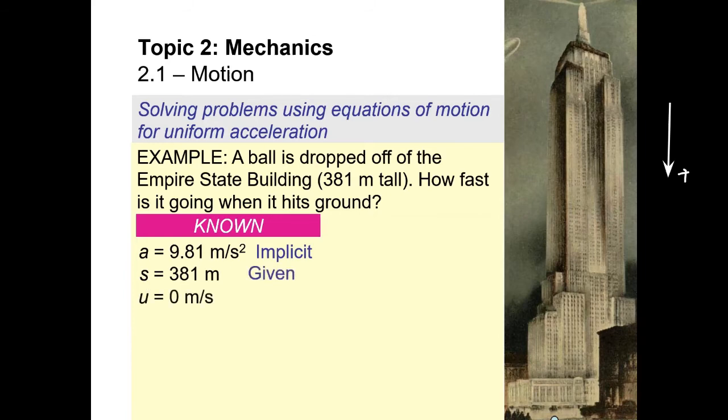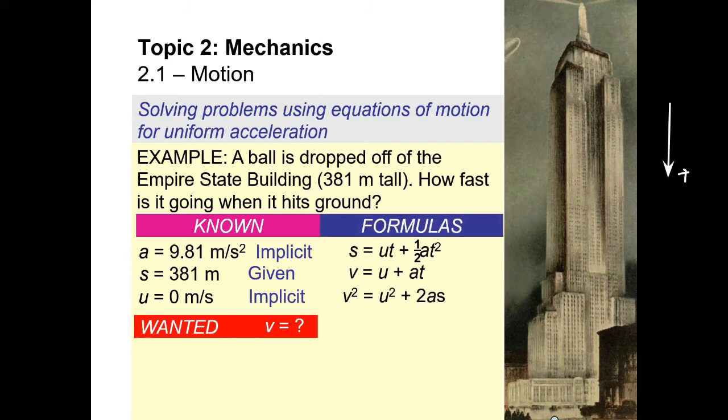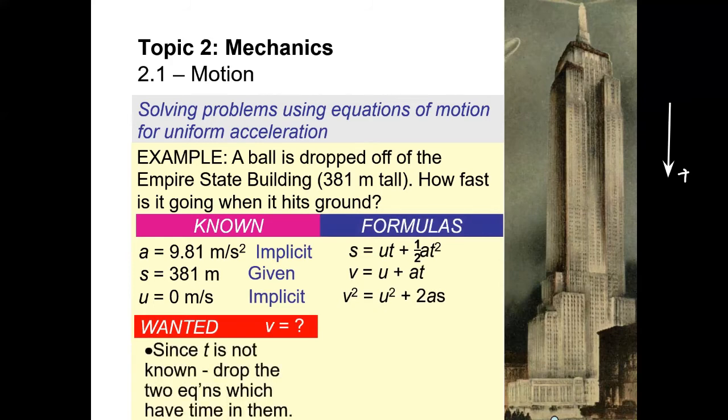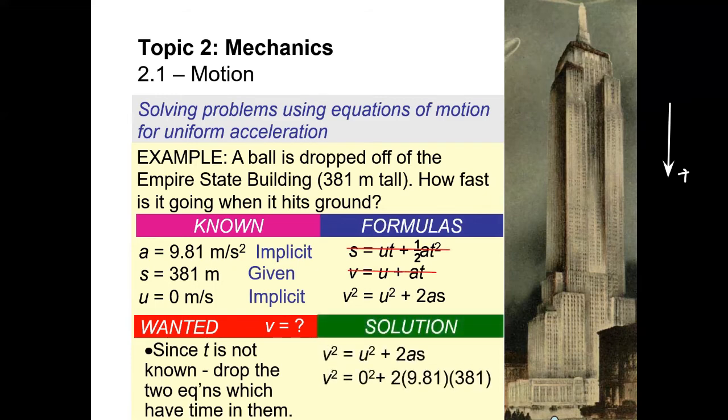Initial velocity is 0 meters per second, implicit. What we want is the final velocity. Formula: since t is not known, we cross out the 2 equations which have time in them. Final velocity squared equals initial velocity 0 squared plus 2 times acceleration due to gravity 9.81, times displacement 381. And final velocity is 87 meters per second.